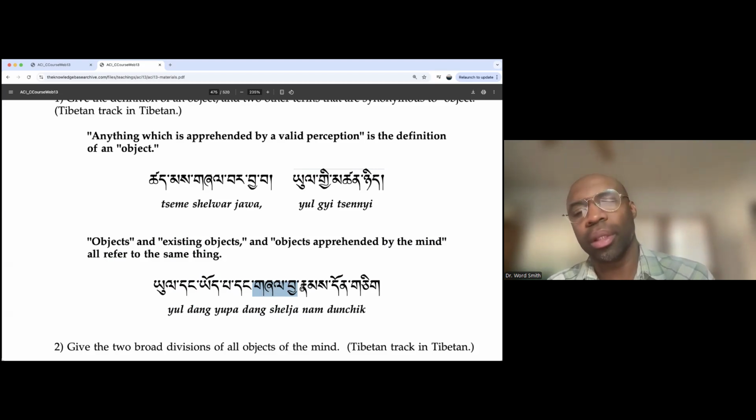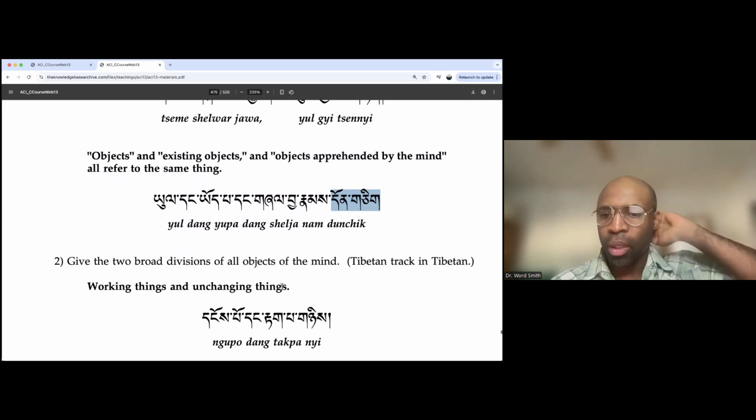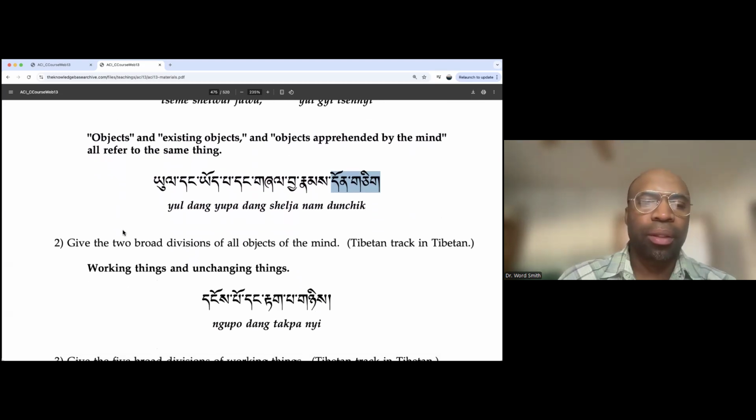Shelja is more knowable. Those are all the same thing, one and the same object. Dun is literally an object. Objects are all objects.